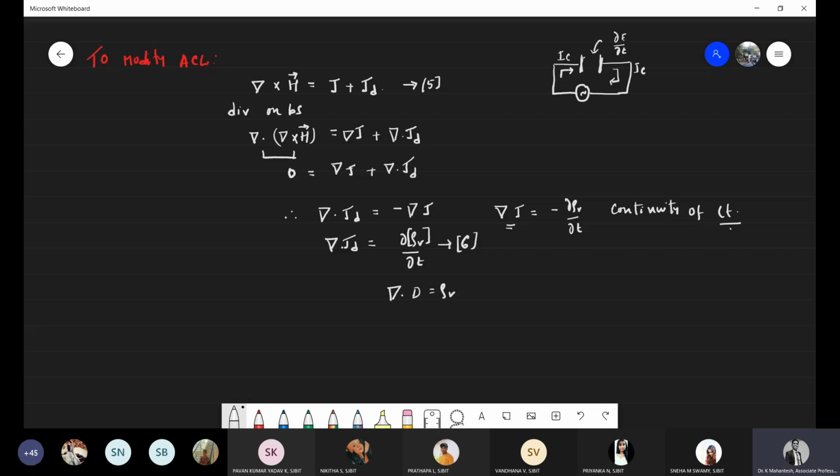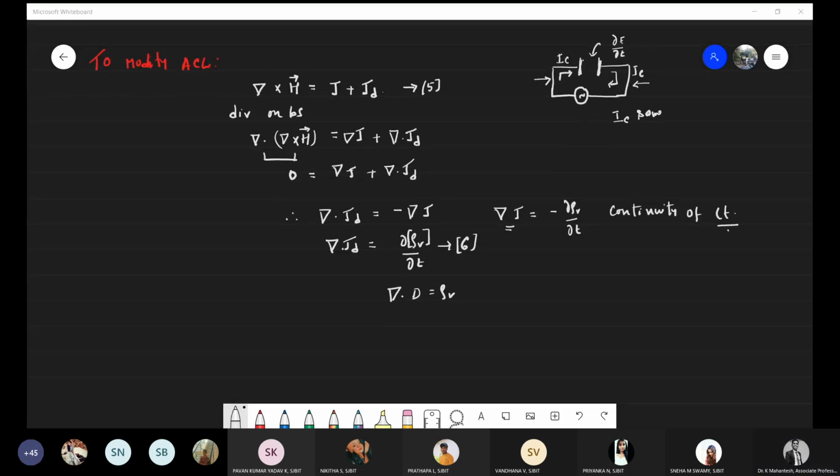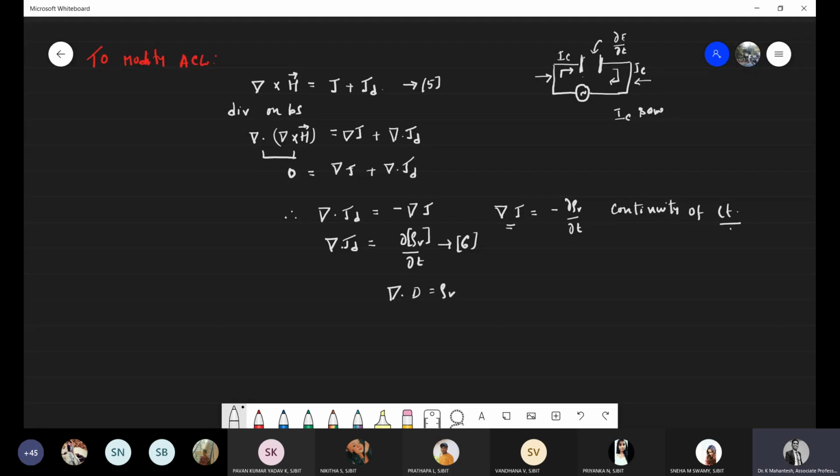Is IC the same across the circuit? When you measure current at this point, it should be the same at this point too. Is the current the same here inside the loop?